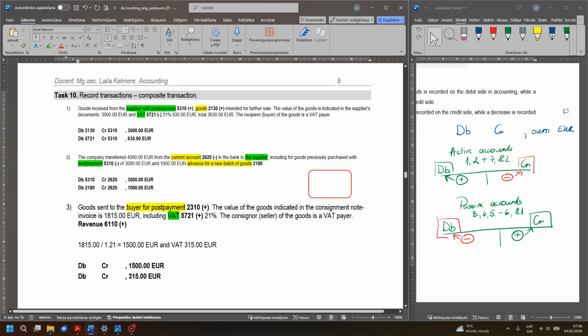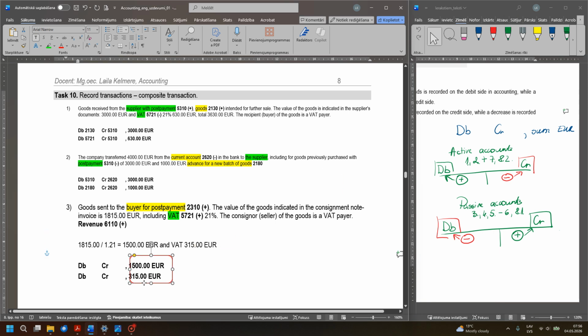So now how we made the transaction. Again, we know that we are waiting for this whole amount from our client, from our buyer, and we account for this in account 2310. This is an active account. If the value in an active account increases, we put it on the debit side.